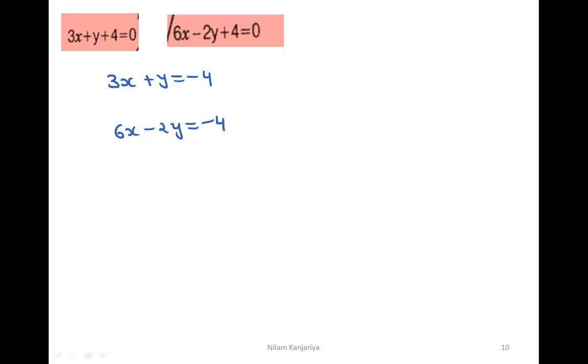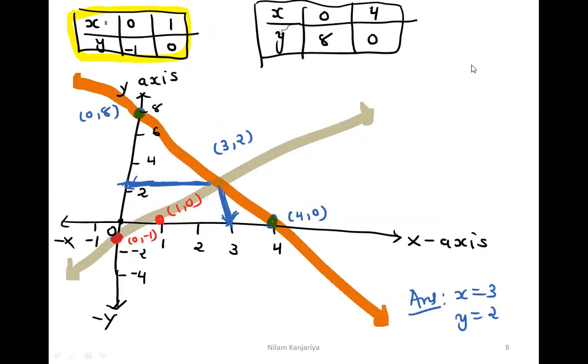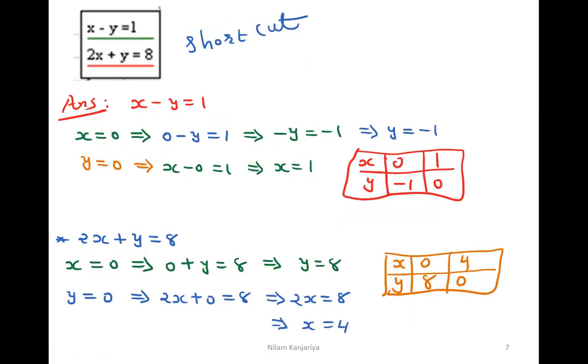Madam, can you please show the shortcut way by using that equation? Yes. This is the shortcut way. You just take x equal to 0 and y equal to 0. Put them one by one in the given equation. If your x is 0, you get the y. When you take y equal to 0, you get the x. And this is your first table.